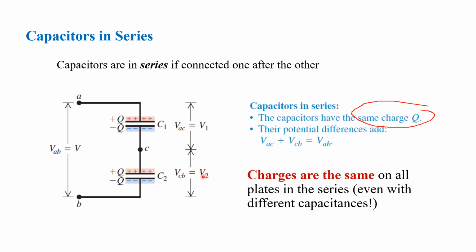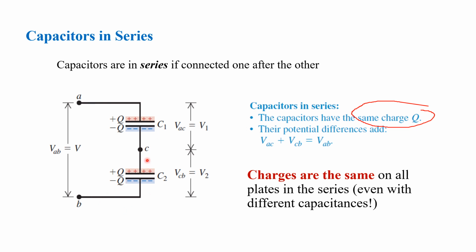Then the potential difference of this circuit is just equal to the sum of the individual voltages of each capacitor. So you have V1 plus V2, that is your voltage VAB from terminals A to B.